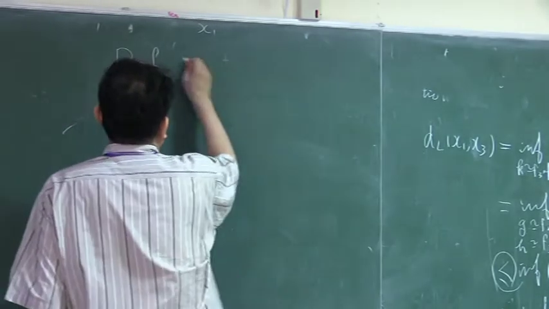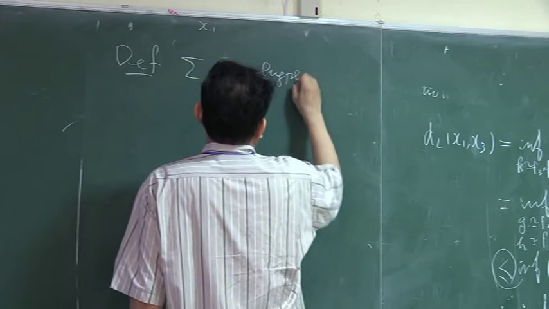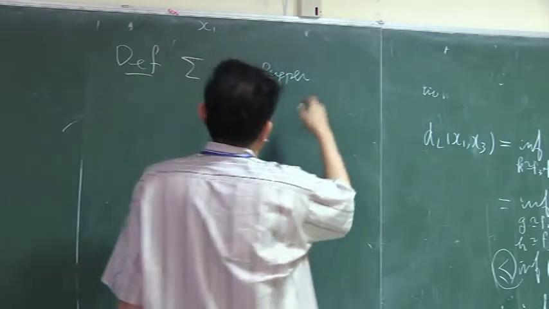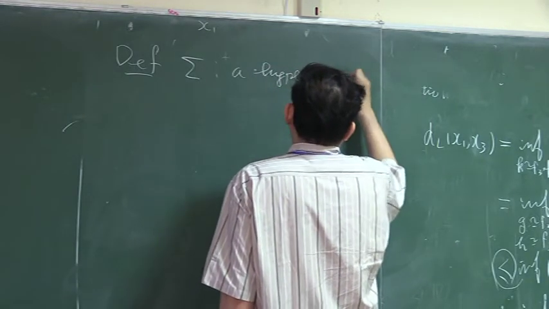Okay, so we are considering sigma, which is a hyperbolic surface. We are already assuming that it's closed and oriented.